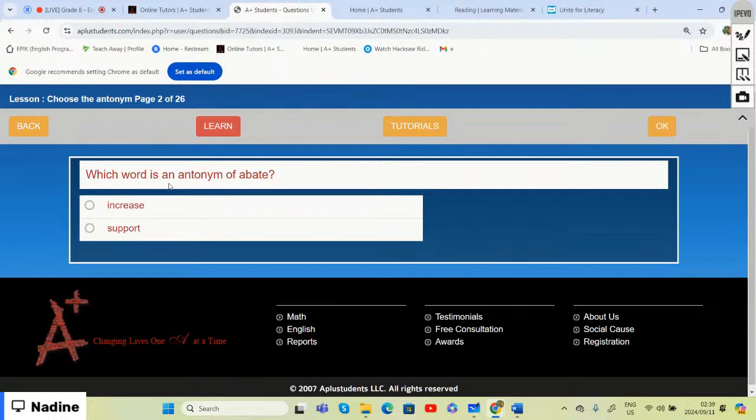Which word is the antonym of abate? Abate. Is it to increase or is it to support? Abate. Is it to increase or to support?